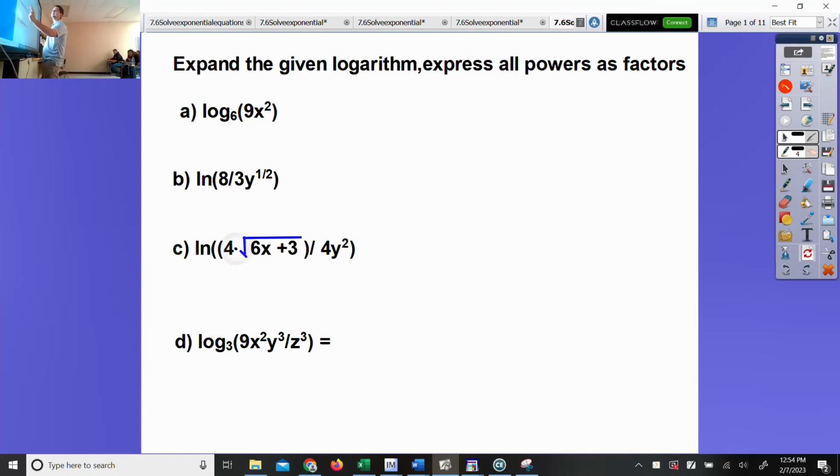There's an understood multiplication symbol right there. 4 things. By the way, I typed this out, I didn't have an editor. It's supposed to look like that. So once you figure out there's 4 pieces, you write down 4 logarithms.